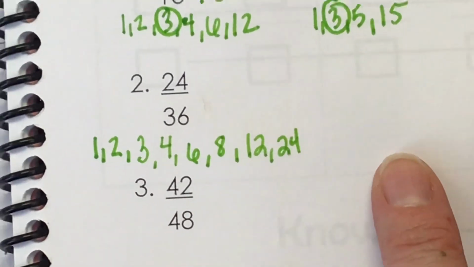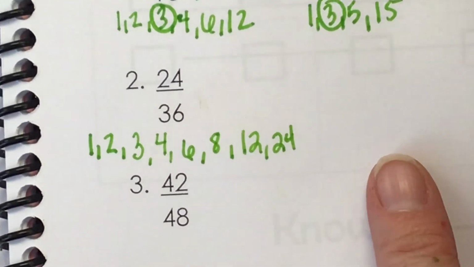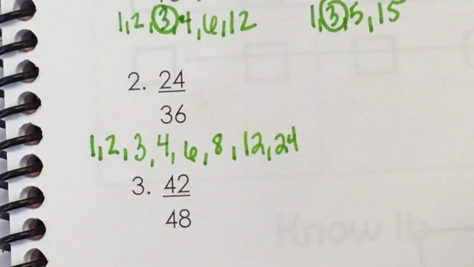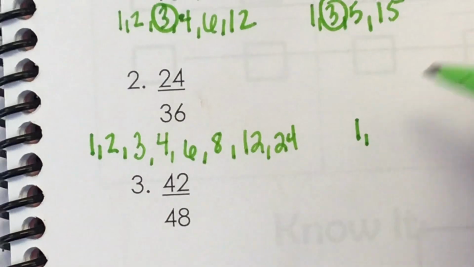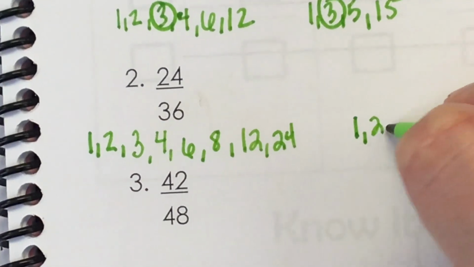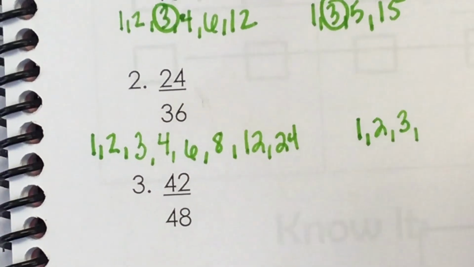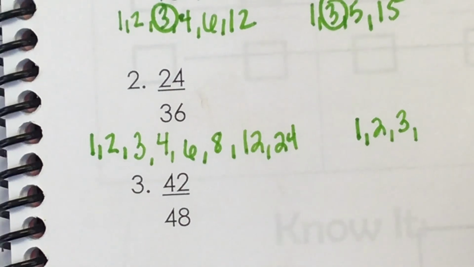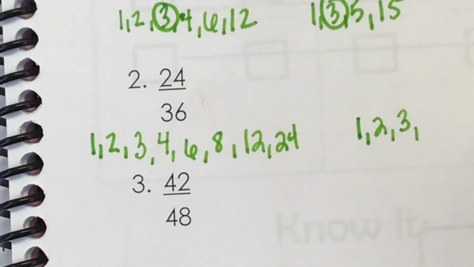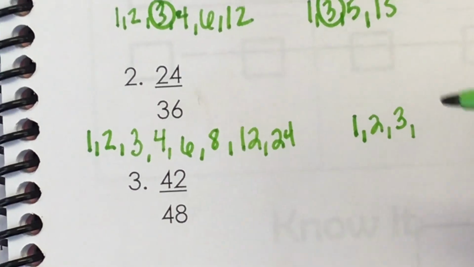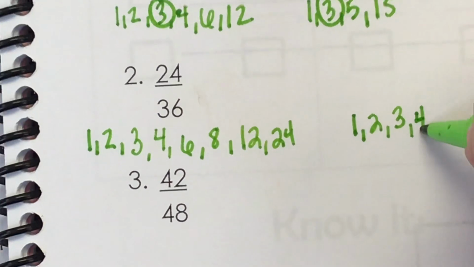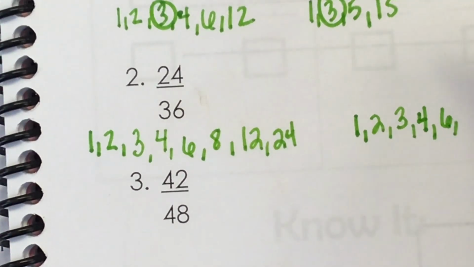Okay. What are my factors for 36? What are my factors for 36, McKenna? 1, 2, 3, 6, you skipped one. 4 times 9.